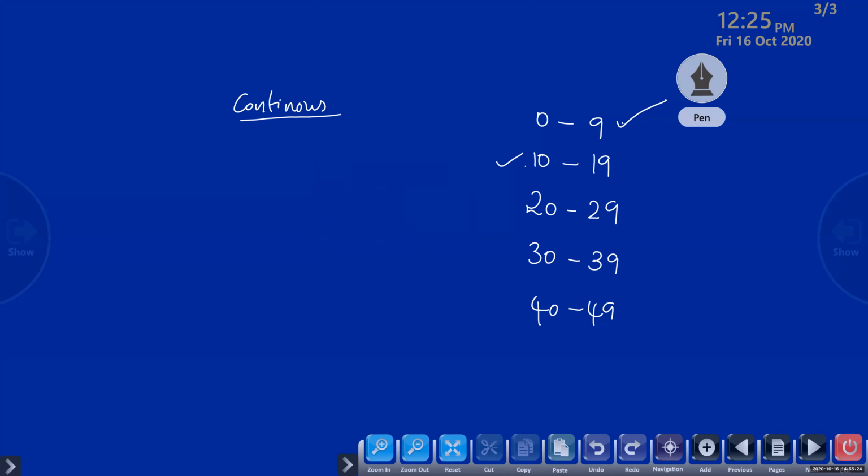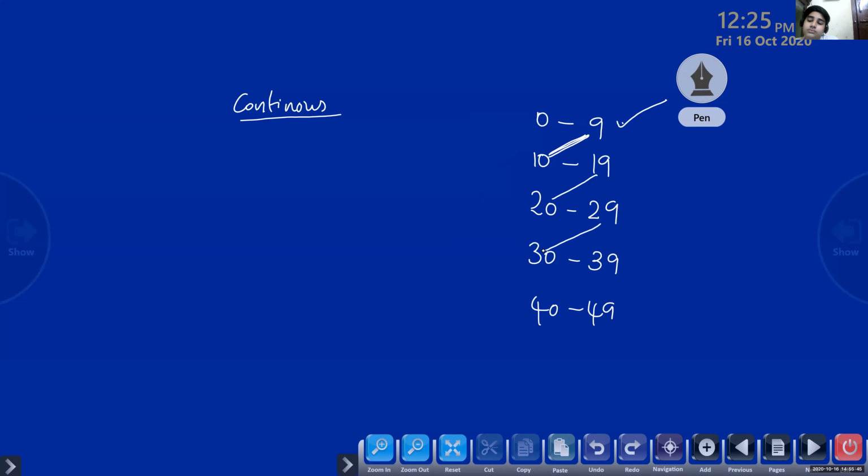What is the difference between the upper limit and the lower limit of these classes? 9 and 10. What is the difference? 1. And the difference of 19 and 20? 1. Here also the difference is 1.